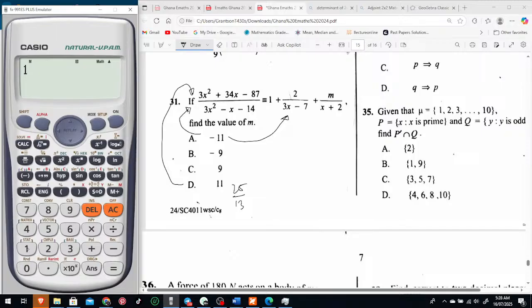So 1 plus 2 over 3x minus 7 plus 11 over x plus 2. Mind you, we are finding the value of m.